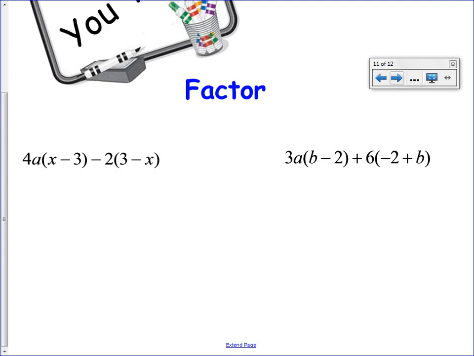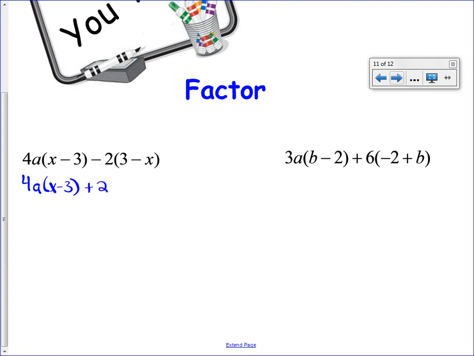Okay. This is an example of so close, but not quite there. How do I have to rewrite this so I can factor out a binomial? We have to factor out a -1. So it would be 4a bracket x minus 3 plus 2.